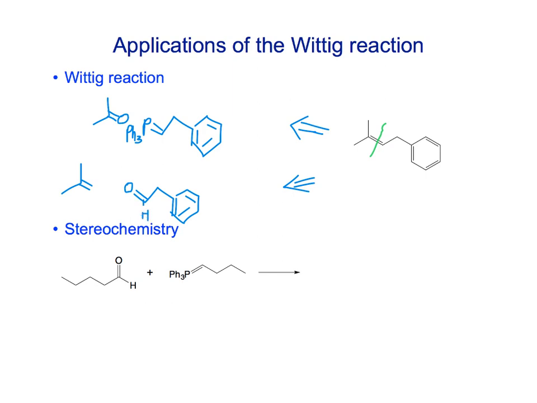So this would give us an aldehyde then, and the phosphorus and the 3 phenyl groups will go on the left piece. Okay, so at least in theory, I could make this molecule using a Wittig reaction in 2 different ways. Okay? And both of those might work. There is one that is a little better if we have to choose between 2 equivalent possibilities.